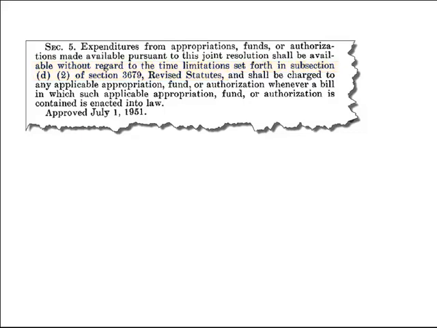Some agencies read this waiver of apportionment time limitations as a waiver of the entire apportionment process and proceeded to obligate funds before Congress could reduce them in final appropriations actions.